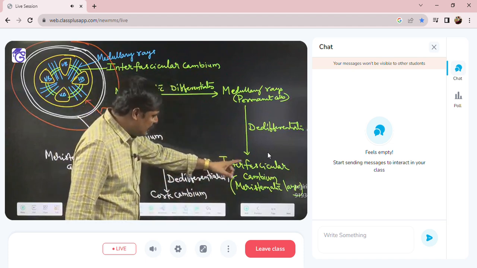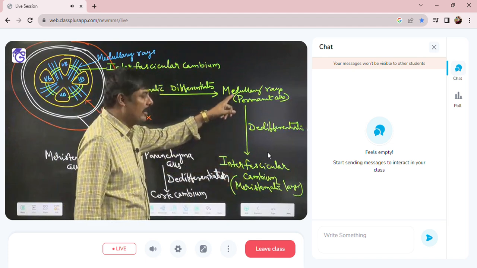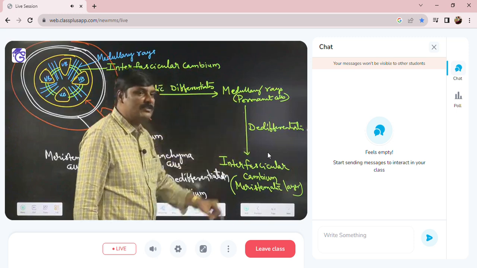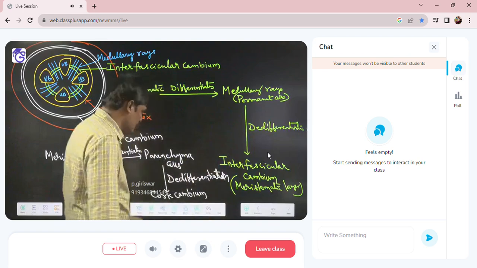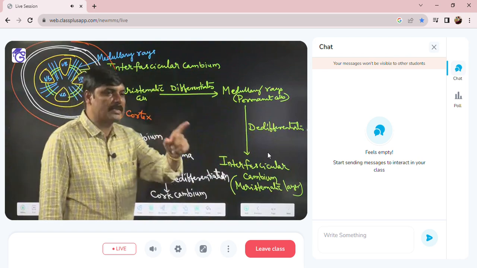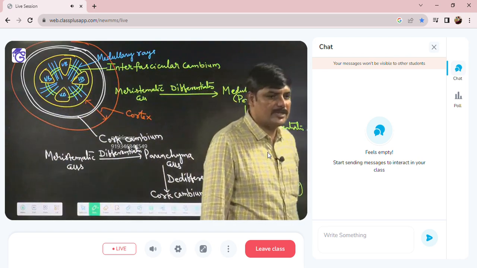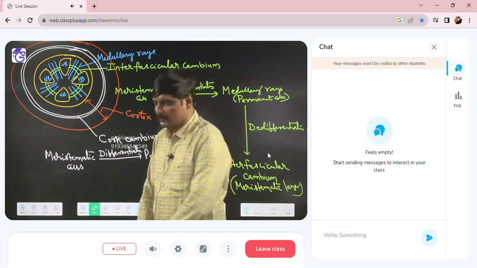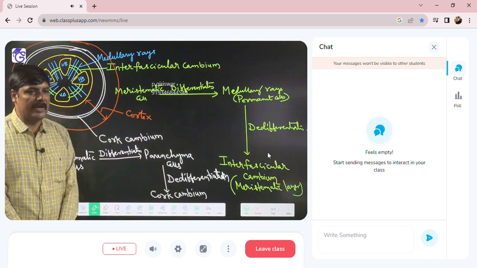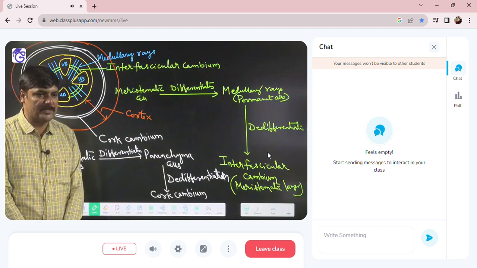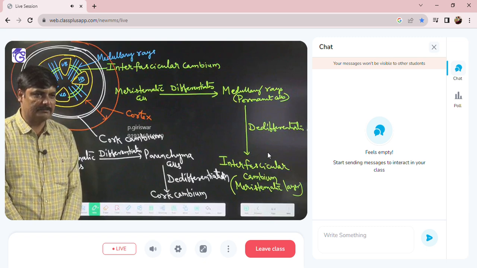Formation of interfascicular cambium from medullary rays is by de-differentiation. So, interfascicular cambium and cork cambium are examples of de-differentiation. Hope you understand.